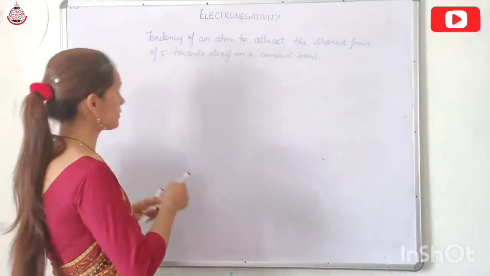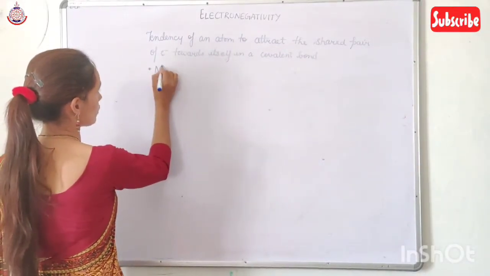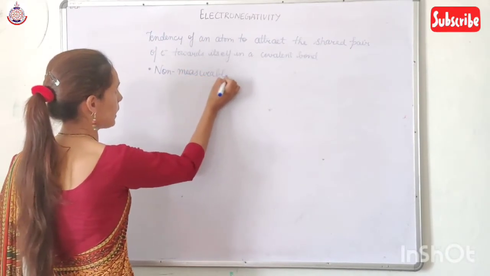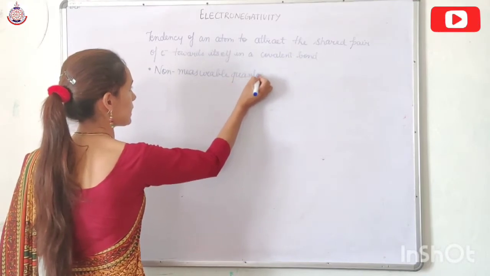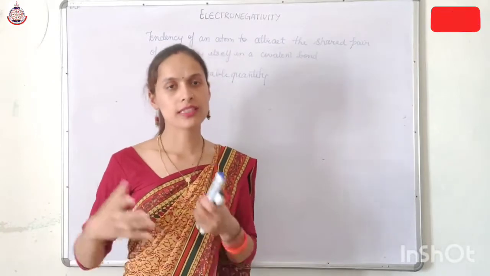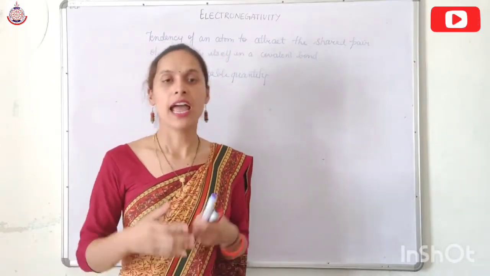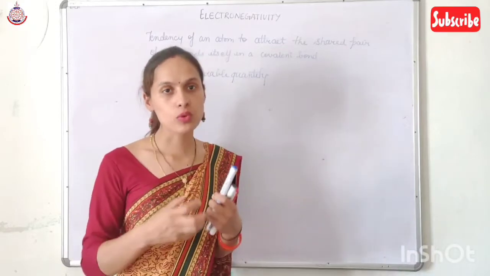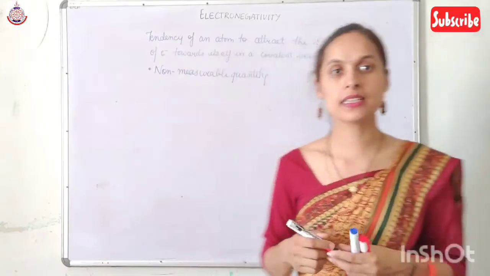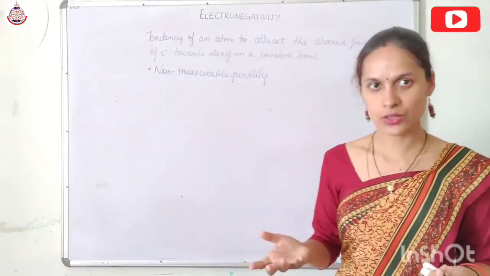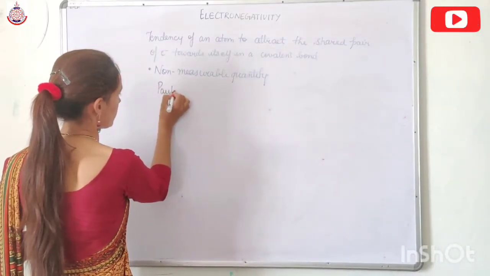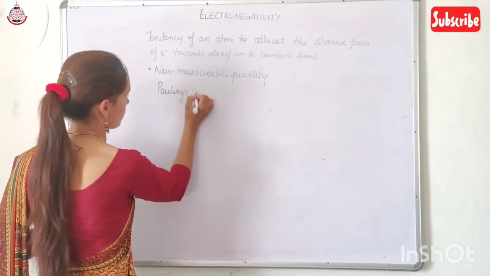So the first thing, electronegativity is a non-measurable quantity, but despite this, many scales have been discovered, like the Pauling scale, Millikan scale, Jaffe scale, and out of these, the scale mostly used for the calculation of electronegativity is Pauling's scale.